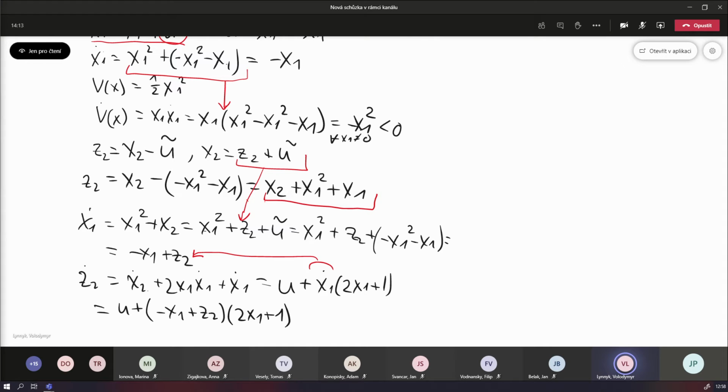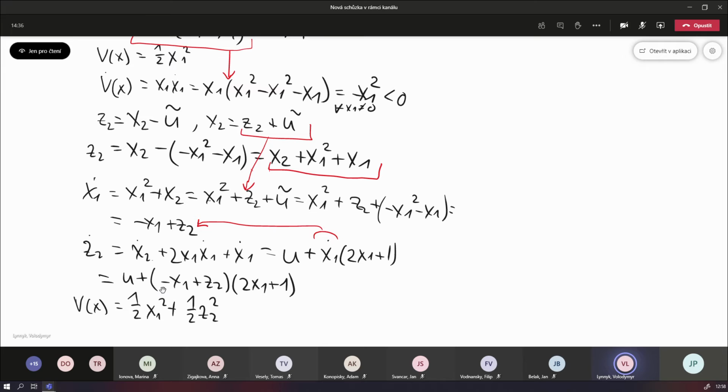Let V of x equal 1/2 x1 squared plus 1/2 z2 squared.